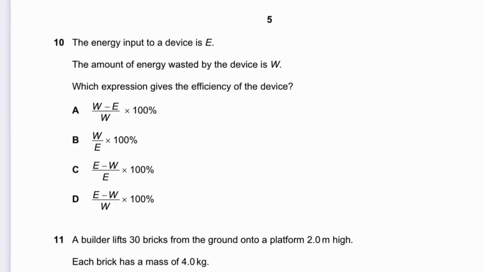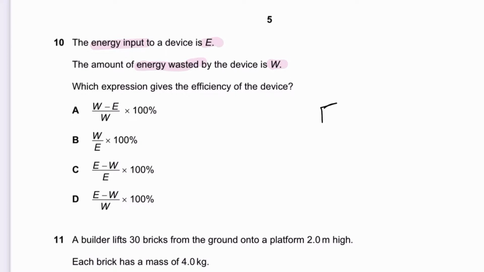10. The energy input to a device is E. The amount of energy wasted by the device is W. Which expression gives the efficiency of the device? Now, efficiency is output upon input, multiplied by 100.